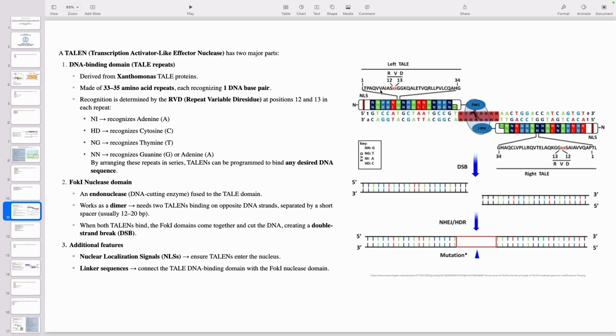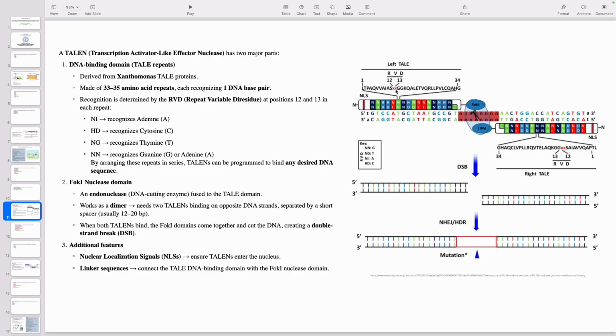This DNA binding domain, the TAL repeat or TAL protein, as we have already seen, is derived from Xanthomonas TAL proteins. They are made of around 33 to 35 amino acid repeats, and each repeat recognizes one DNA base pair.